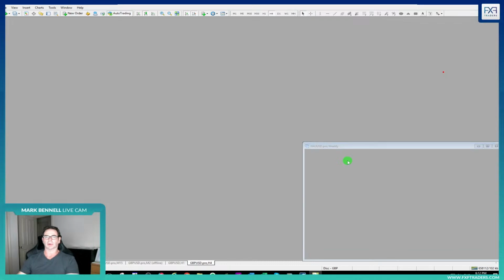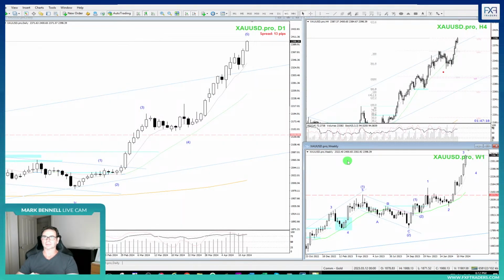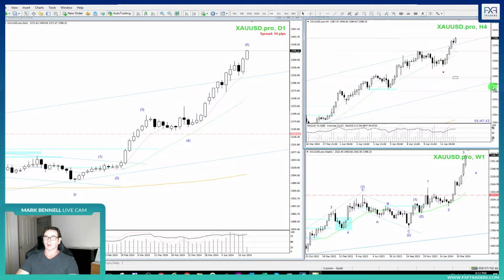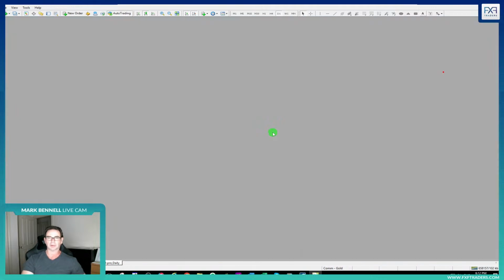So let's have a look at gold. The gold just continues to push, which is good. Shorter term pullbacks, I haven't been too game to trade any of these in any decent swing mode.